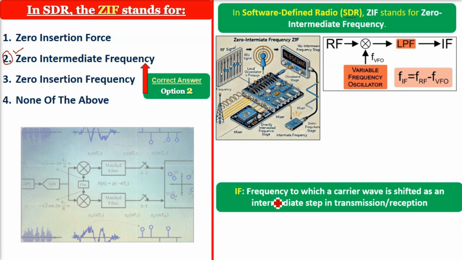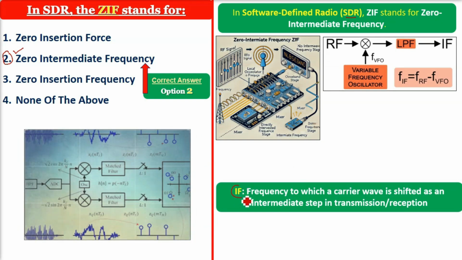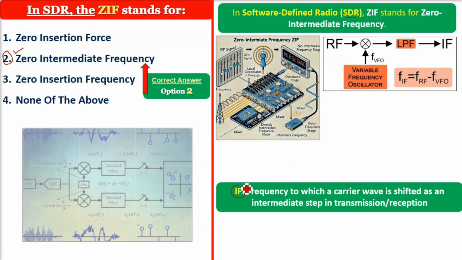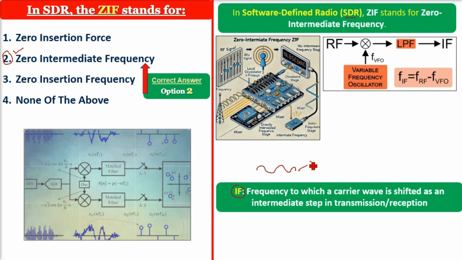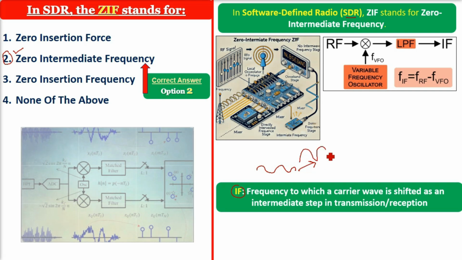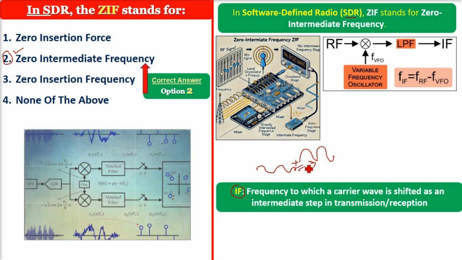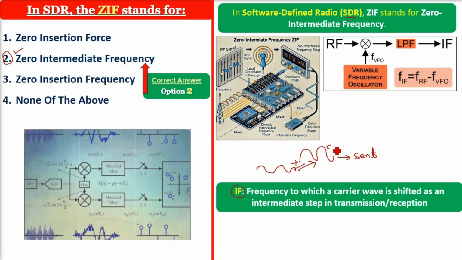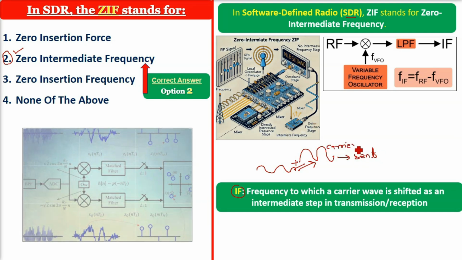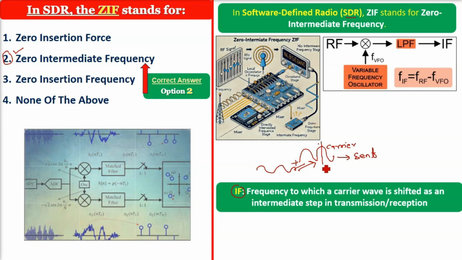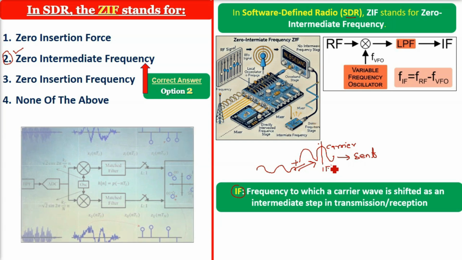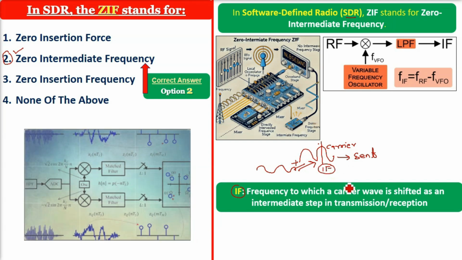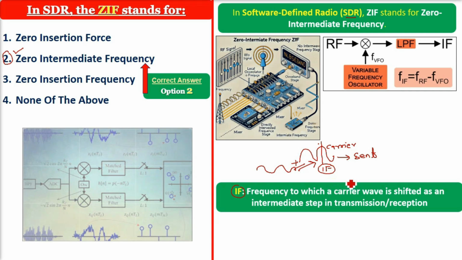In communications and electronic engineering, an intermediate frequency, IF, is a frequency to which a carrier wave is shifted as an intermediate step in transmission or reception. The intermediate frequency is created by mixing the carrier signal with a local oscillator signal in a process called heterodyning, resulting in a signal at the difference or beat frequency.